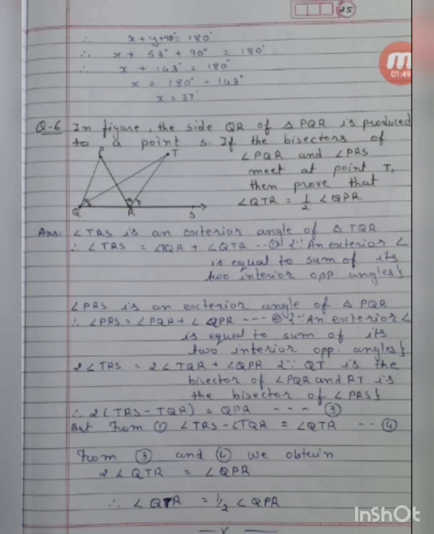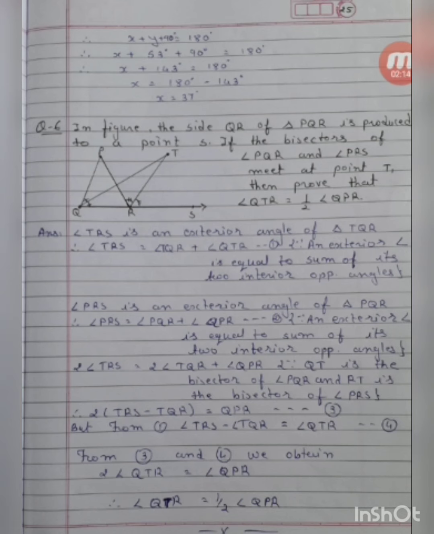But from 1, we can write angle TRS minus angle TQR is equal to angle QTR. This is number 4. Now from 3 and 4, we can write that 2 angle QTR is equal to angle QPR.